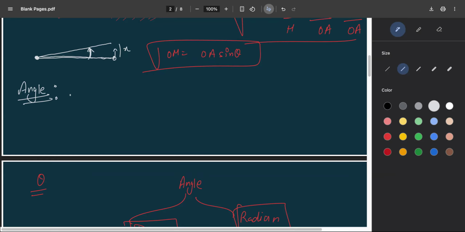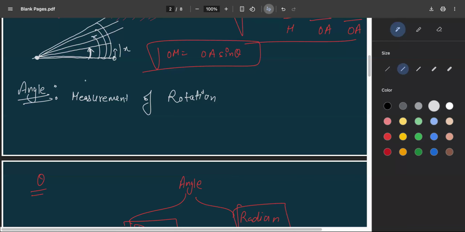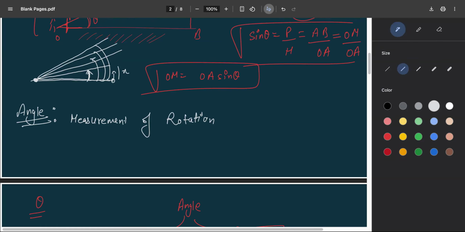What is the angle? Angle is basically the measurement of rotation. If you move more, this theta will increase like this. This measurement of rotation is nothing but an angle.